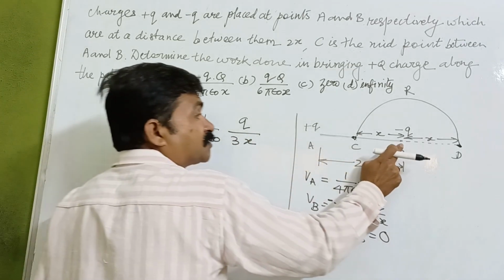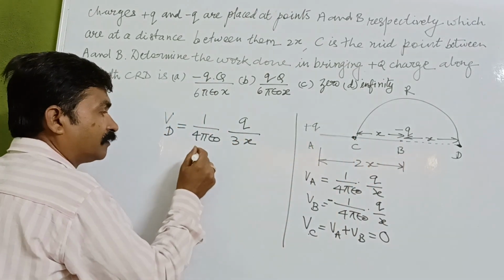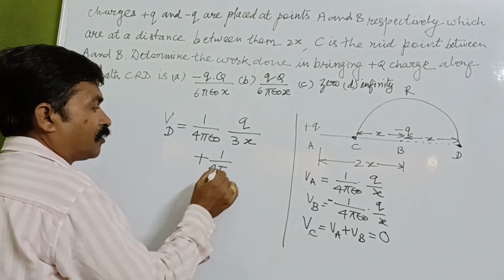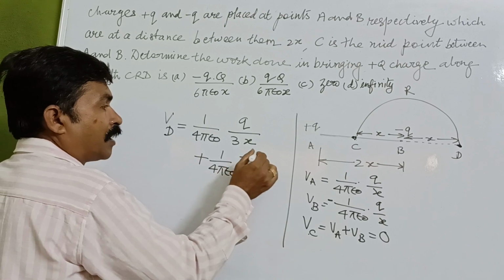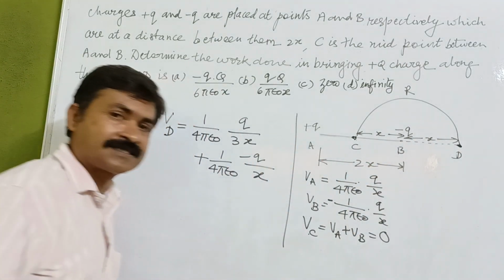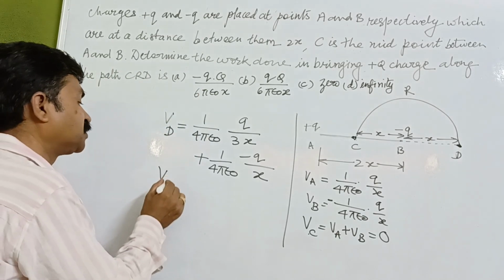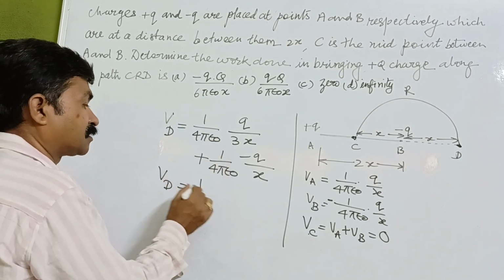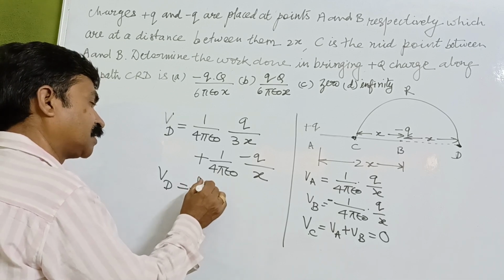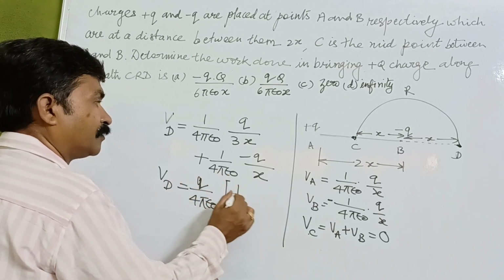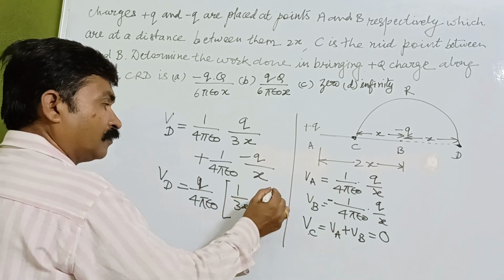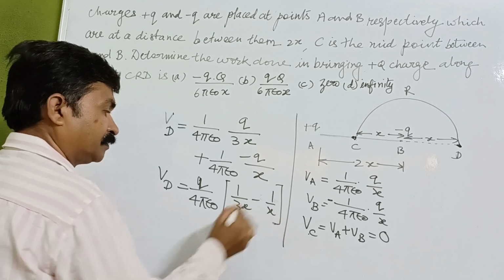And because of B, I am adding 1 upon 4 pi epsilon naught into minus Q, and the distance from here to here is x. So the potential because of these two charges is 1 upon 4 pi epsilon naught, with Q taken common, so it is now 1 upon 3x minus 1 upon x.